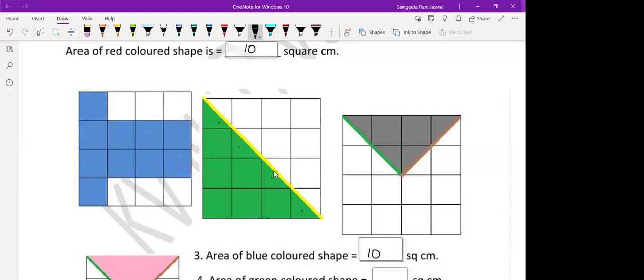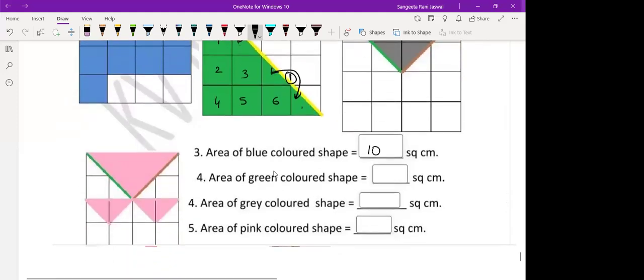Let's count the complete squares first. 1, 2, 3, 4, 5, 6. These are complete squares and this is half. This half and this half will make 1 square, and this half and this half will make another 1 square. So 7 and 8. So how much is the area? 8 square centimeters.